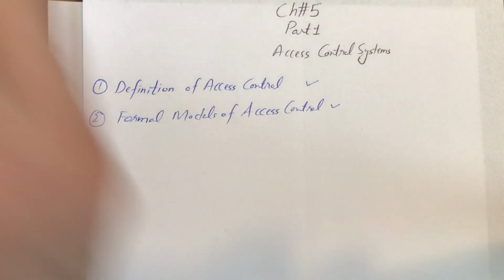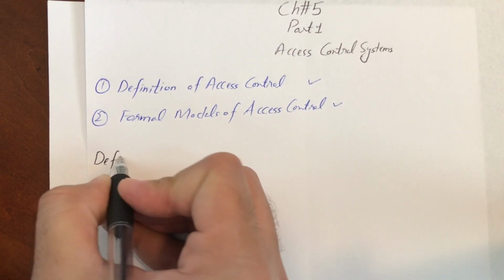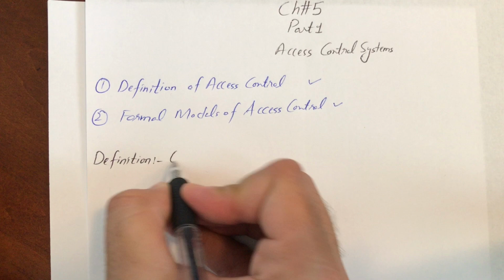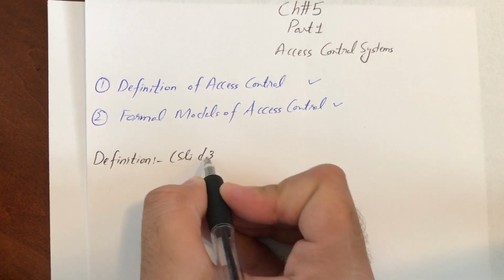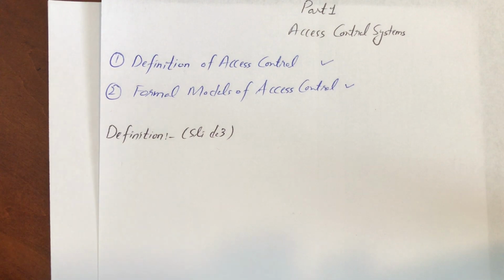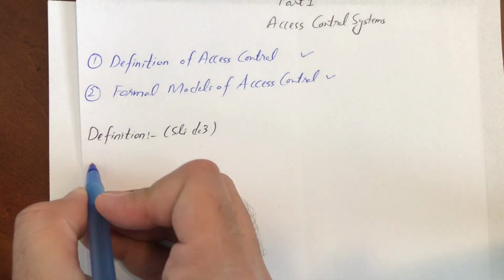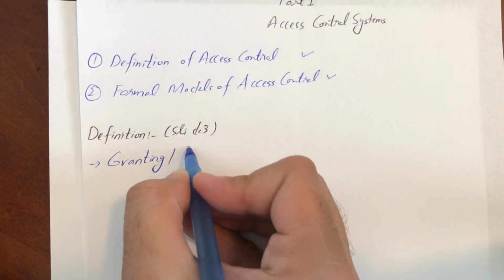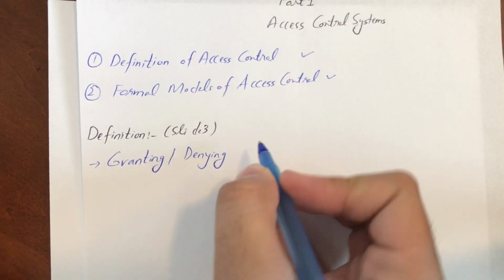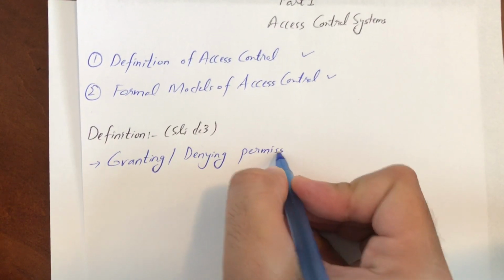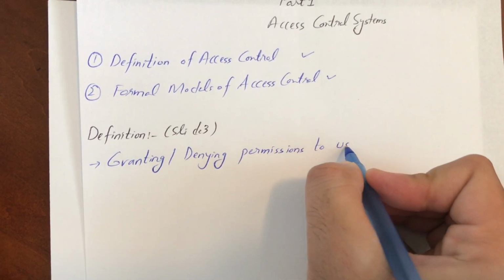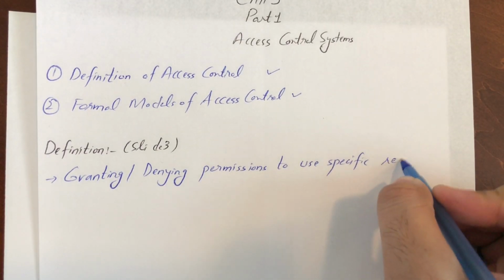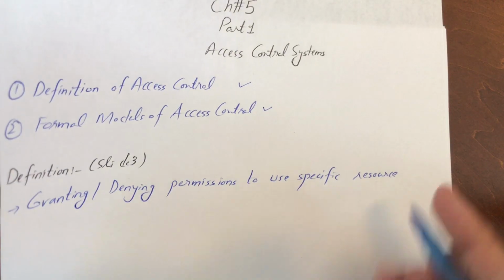So let's start with the definition of access control. What is access control and what are the different types? You can find the definition on slide number 3. Access control is basically granting or denying permissions to use a specific resource, or you can say equipment.